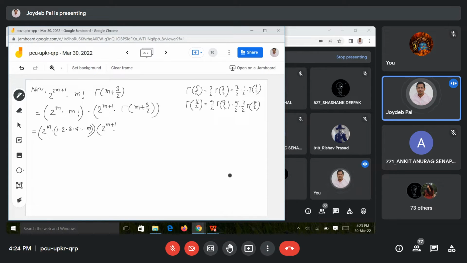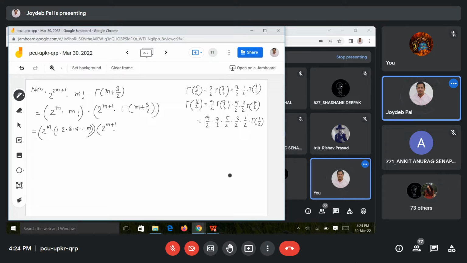Then gamma 7 by 2 can be written 5 by 2 gamma 5 by 2, and in that way, then next term will be 3 by 2, then next term will be 1 by 2, and the last will be gamma half. It stops here, right?